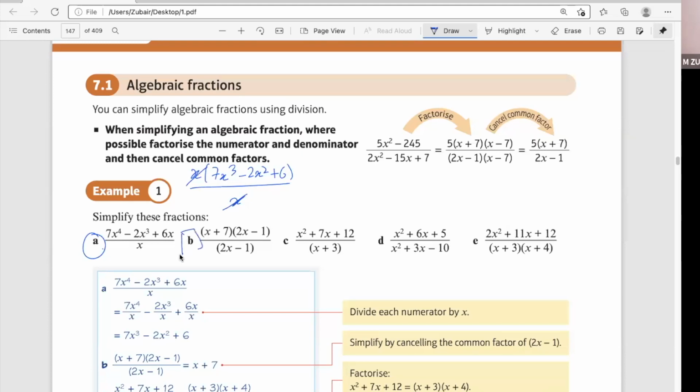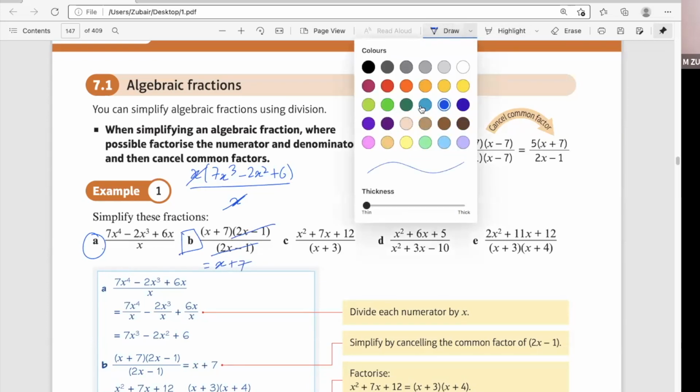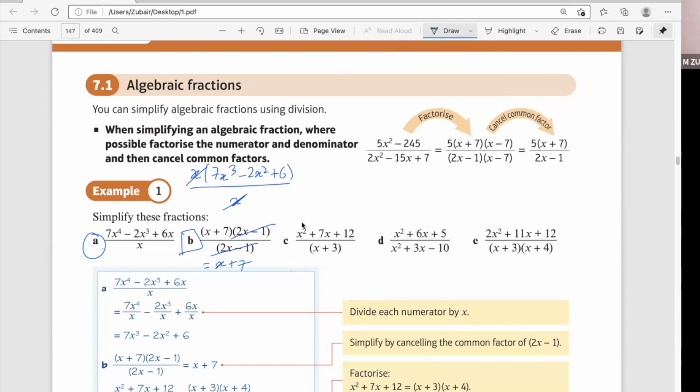In B part, we can see 2x minus 1 in both numerator and denominator. Cancel this out. The only answer is x plus 7. In C part, we can see there is a quadratic expression in the numerator, and in the denominator there is a linear factor. If we see, this is 12, and 12 is actually 4 times 3. If we do the middle term breaking of the numerator, this is x square plus 4x plus 3x plus 12. See, if we add 4 plus 3, we get 7. If we multiply 4 and 3, we get 12.